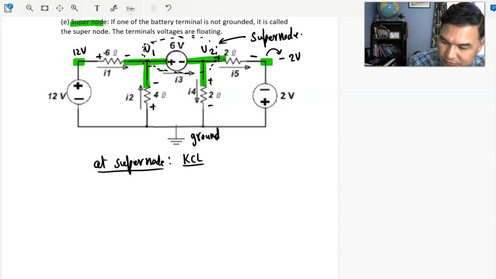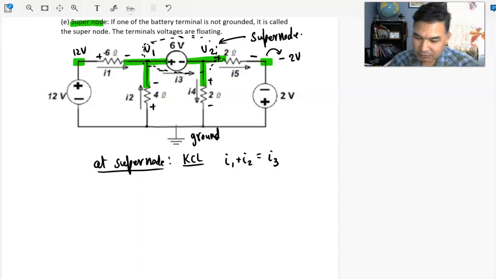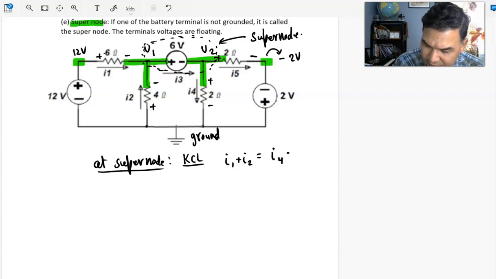So at the supernode, what is the condition? At the supernode, this whole thing together, if you apply KCL, I1 is coming in, plus I2 is also coming in, and then I3 is going out. That's Kirchhoff's current law at this supernode. I3 is simply the current through the battery, but you can write I4 plus I5.